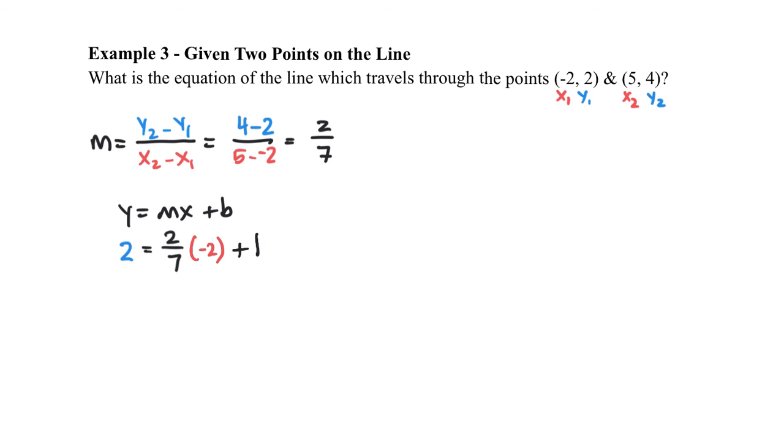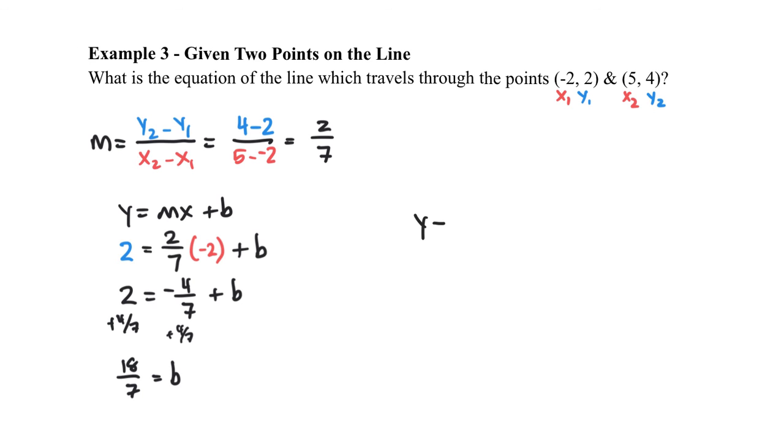And I'm solving for b. Okay, 2 equals 2/7 times negative 2 is negative 4/7 plus b. And now I'm going to add 4/7 to both sides. Calculator can take care of that. I get 18/7 equals my b.